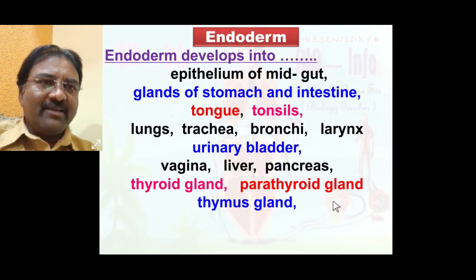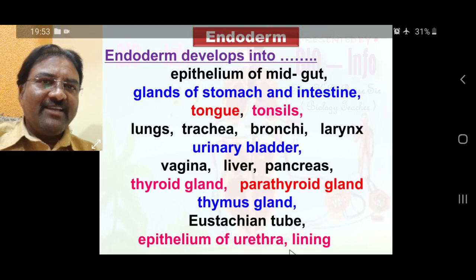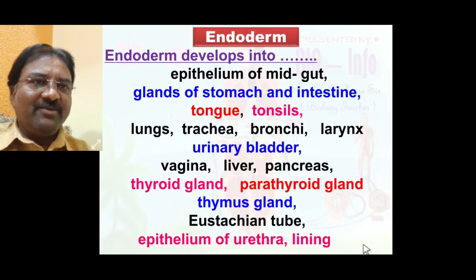Thyroid gland, parathyroid gland, thymus gland, all these endocrine glands are endodermal in origin. The Eustachian tube of the middle ear is also of endoderm origin. The epithelium of the urethra lining is also endodermal origin.